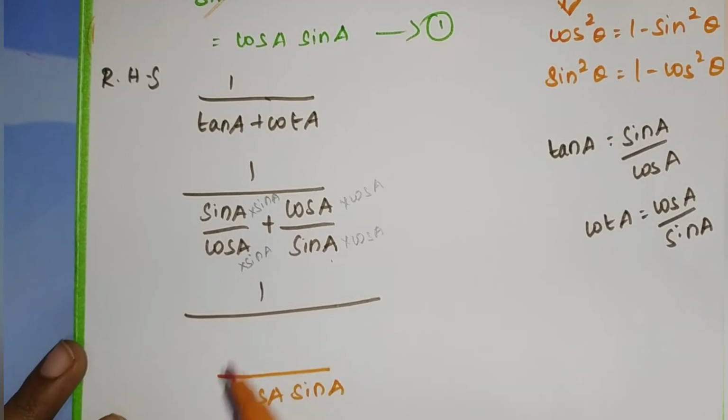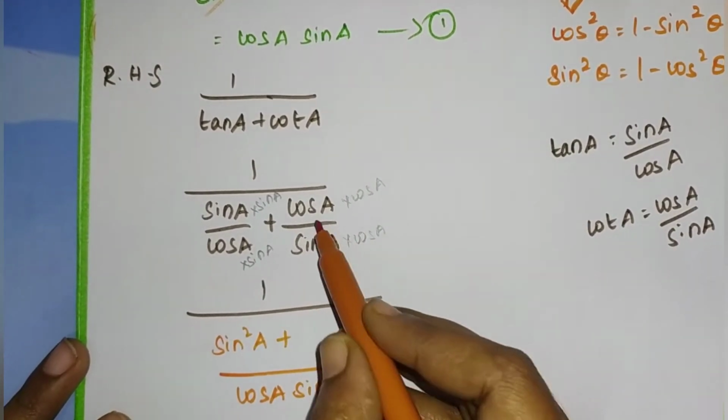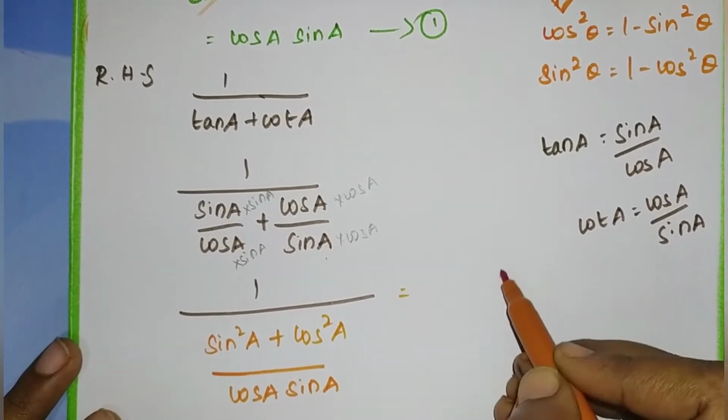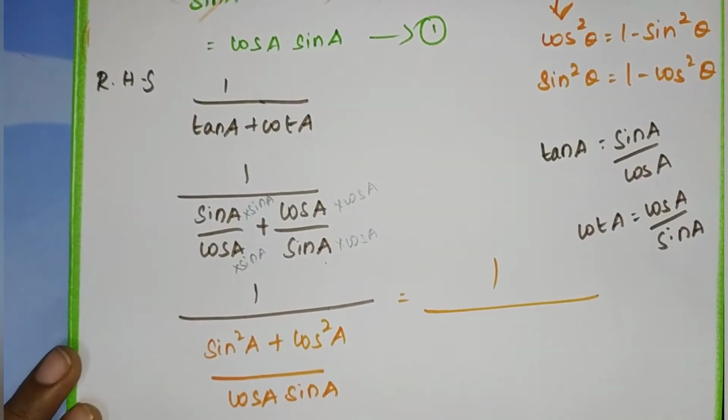So sin A into sin A is sin square A, plus cos A into cos A is cos square A. Then 1 divided by sin square A plus cos square A is what?